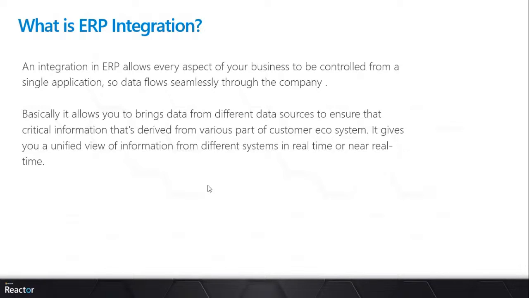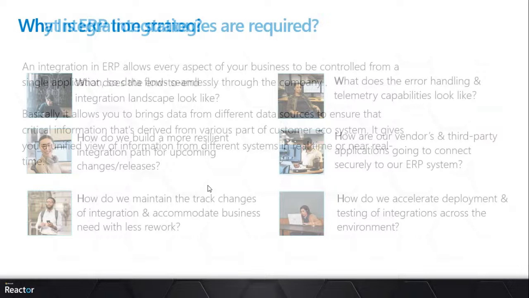In a nutshell, ERP integration allows you to bring data from different sources and make sure critical information is not missed. It is derived from various parts of the customer ecosystem, and at the same time provides a unified view of the data to the customer after bringing all the data from different systems. With that, I'll quickly move on to the next slide.